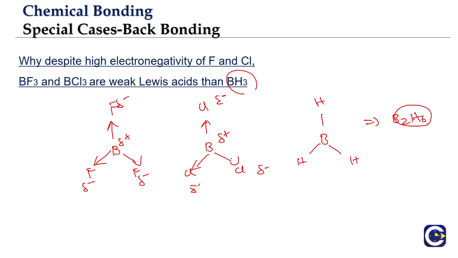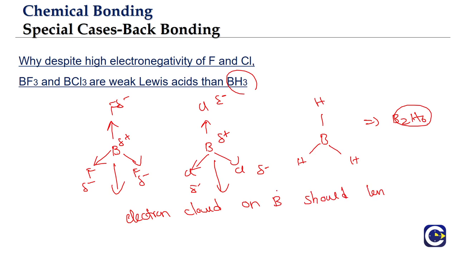So what we expect is, already the boron has less than octet structure, and further it is bonded to a highly electronegative element, which means what should happen? In the case of BF3 and BCl3, the electron cloud on boron should be less.